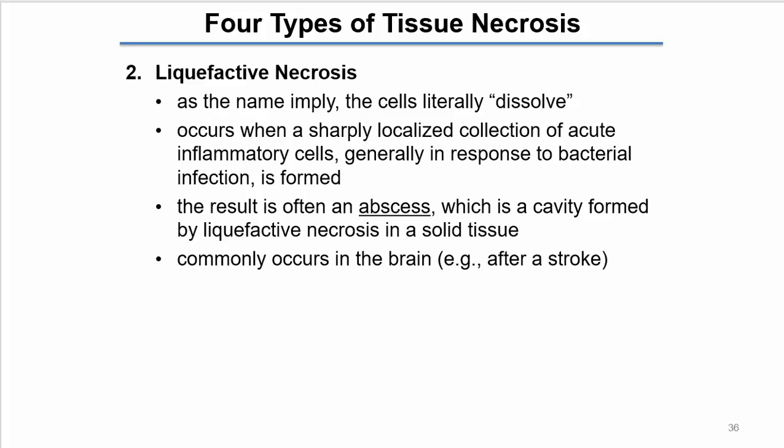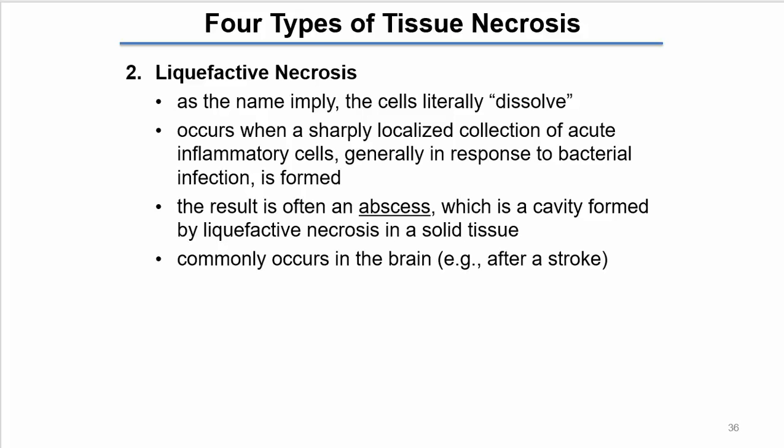And it causes really abrupt inflammation, which then puts even more cells into a necrotic state. And so this thing will grow, and it's a space filled with cellular debris and pus, really. This often occurs in the brain post-stroke.